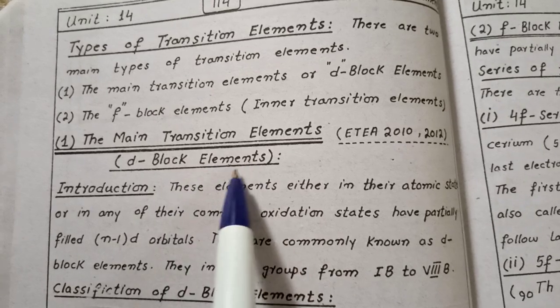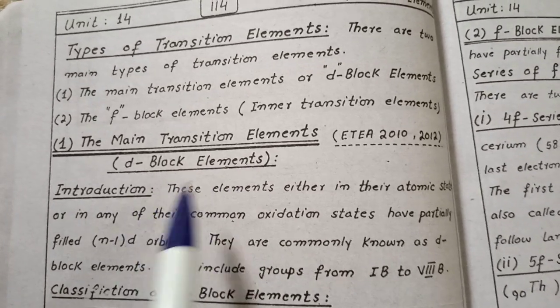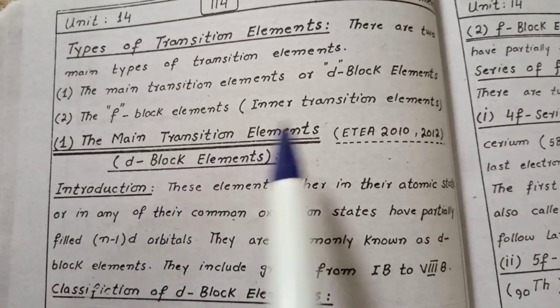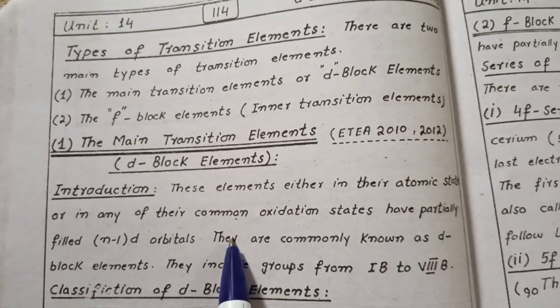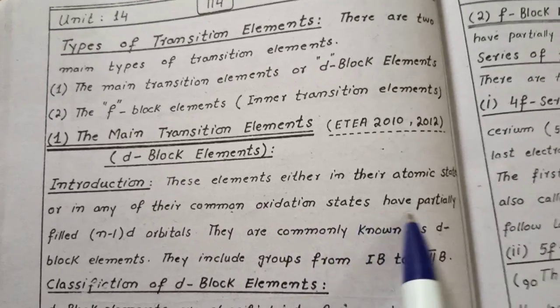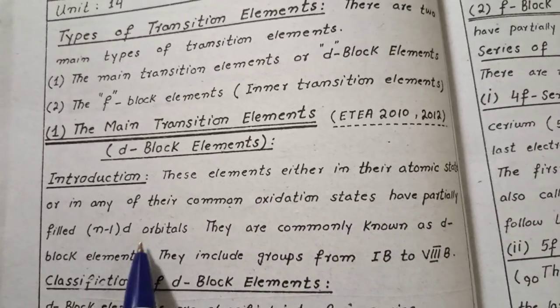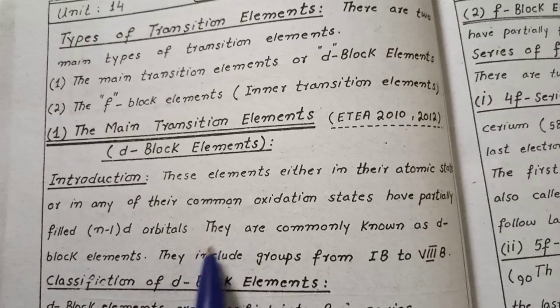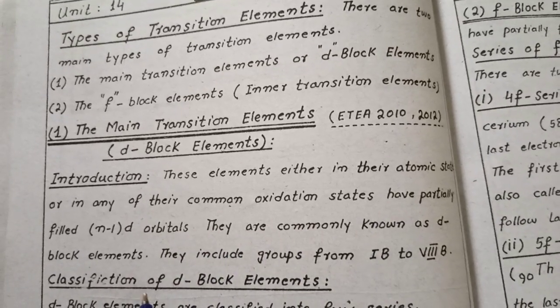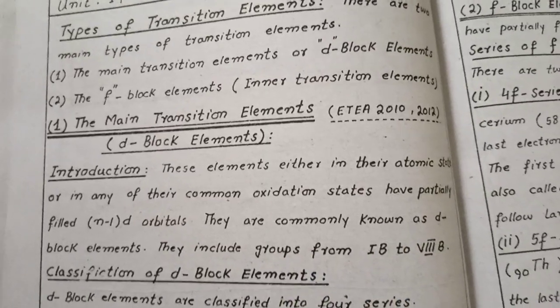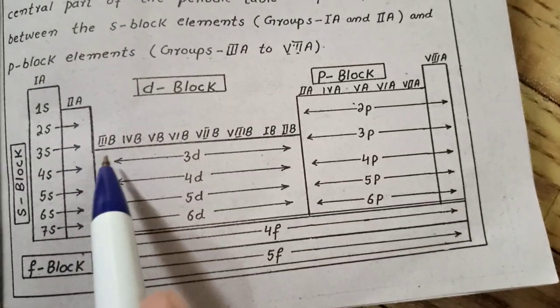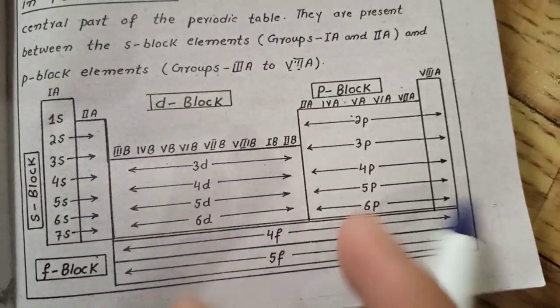These elements, either in the atomic state or in any of their common oxidation states, have a partially filled (n-1)d orbital, and they are commonly known as D block elements. They include groups from 1B to 8B. As you can see in this periodic table, they carry the group elements from 3B to 2B.